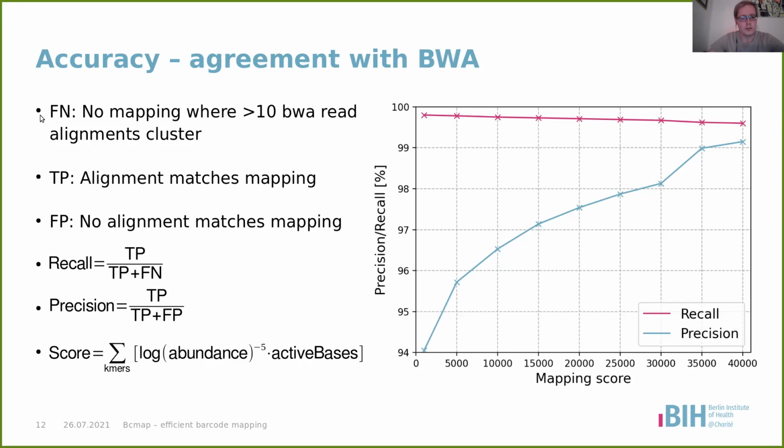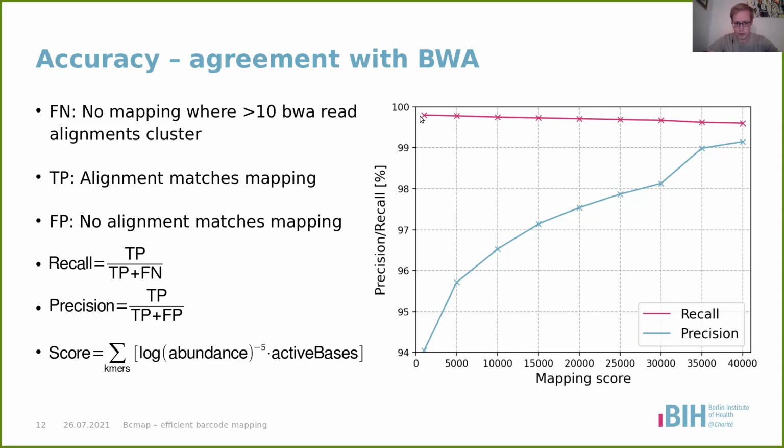So for false negative, we defined it that if there are 10 BWA read alignments or more that cluster on the reference and we have no barcode mapping that resembles this, then this is a false negative. And for true positives, we define that if there is a BWA alignment that matches our mapping, then this is a true positive. And if there is no such alignment, then this is a false positive.